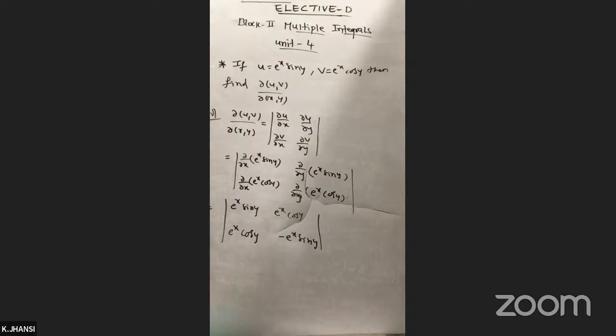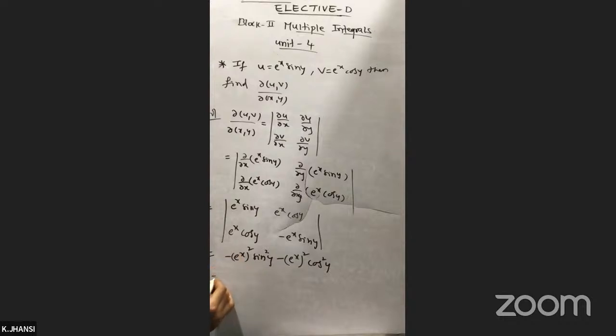Okay. So now when you find the determinant of this one, it is a 2 by 2 matrix. For a 2 by 2 determinant, if we just do the cross multiplication, it's enough. So minus e to the power of x into e to the power of x sin square y minus e to the power of x whole square cos square y.